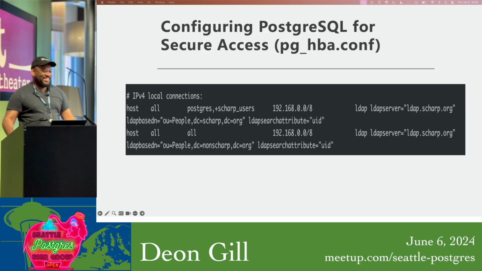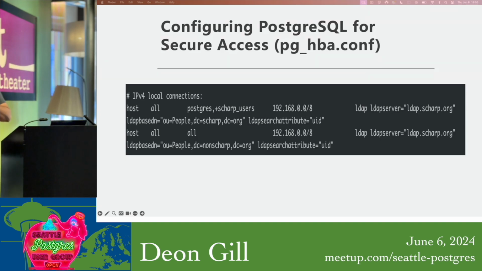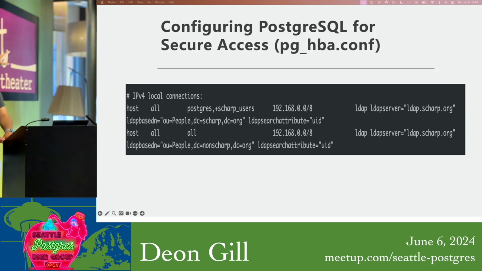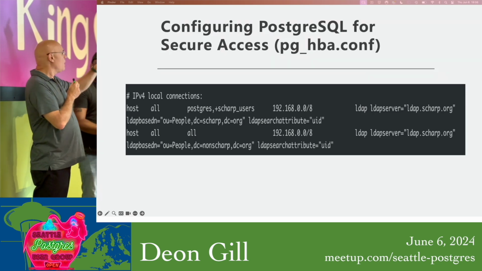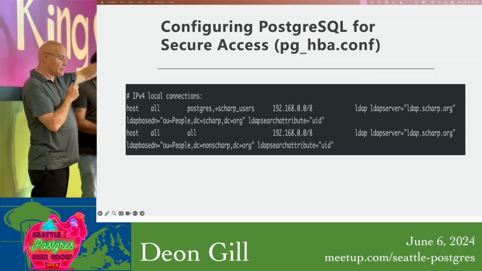That third column there, which says Postgres, plus Sharp users, can either be a user or a group. The plus Sharp is specifying that as a group. So everybody within the Sharp users group will use that connection to log in.